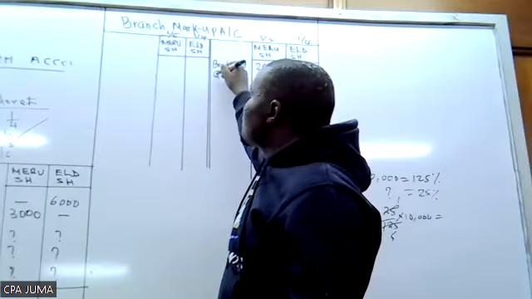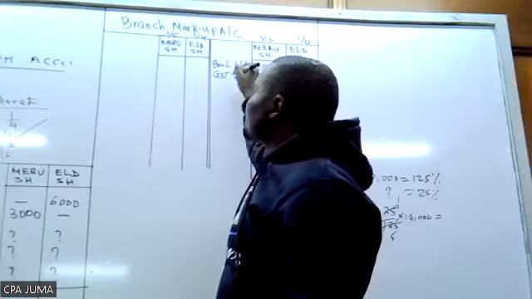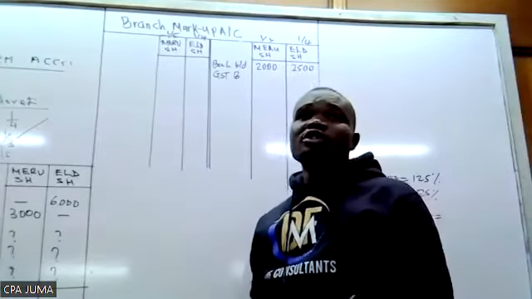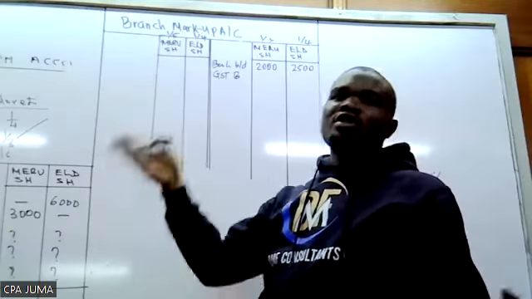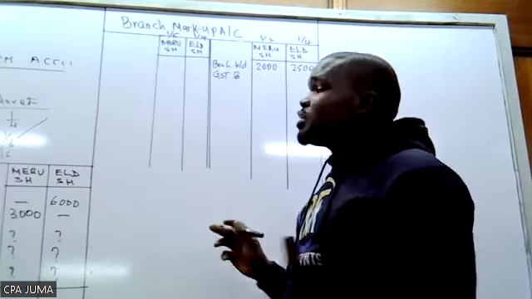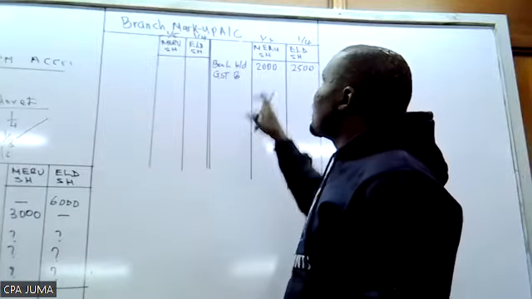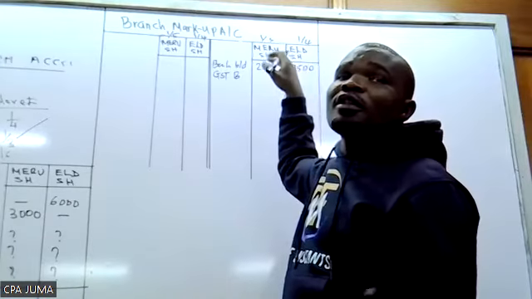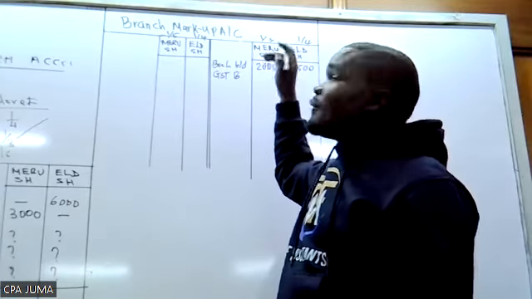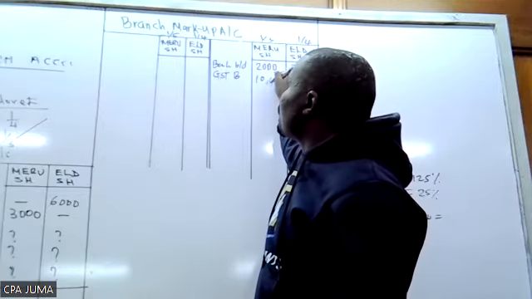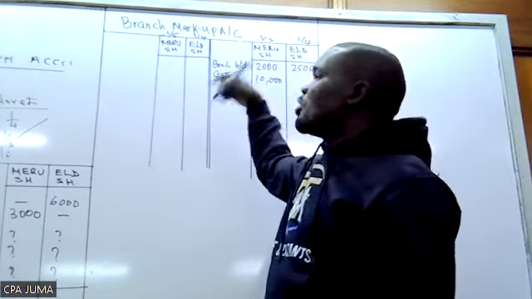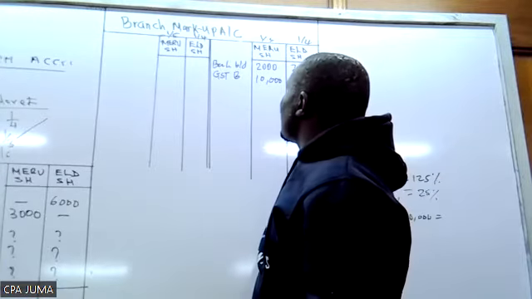Goods sent to branch: you check the debit of the stock account. Goods sent to branch 50, 40. How much? 10, because a fifth of 50 is 10. A quarter of 40 is 10.